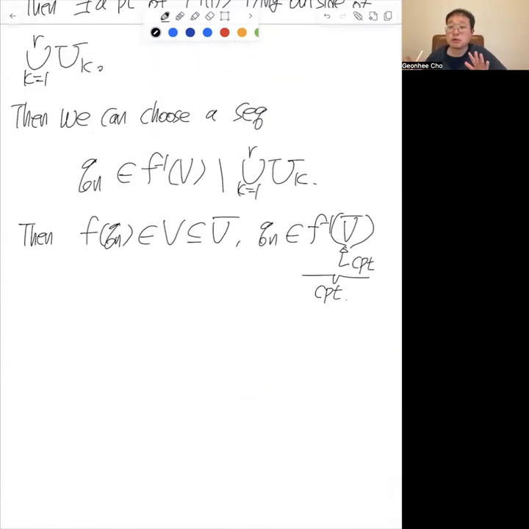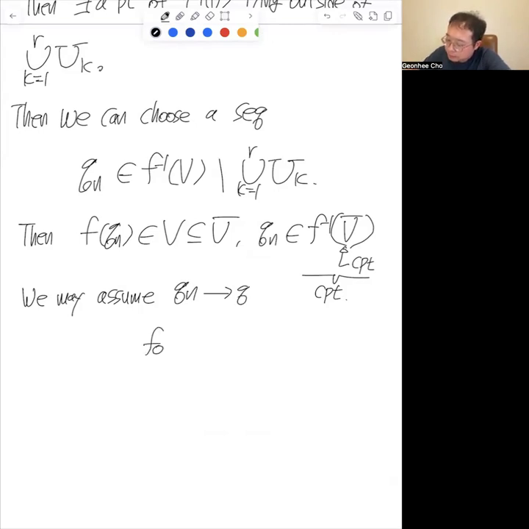And now we have a sequence inside the compact set, so we are able to choose a convergent subsequence. Using the same notation, we may assume Q sub n converges to Q in the same inverse image of V closure.